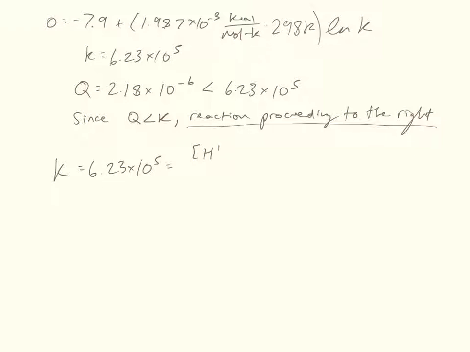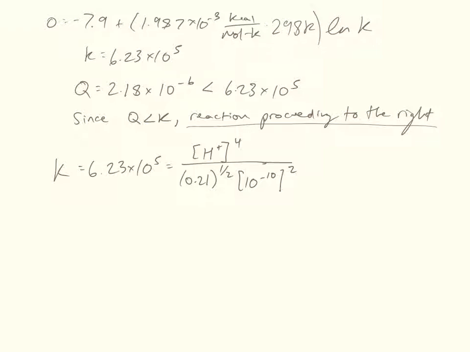K is equal to Q. Q is equal to H plus to the 4th divided by 0.21 partial pressure of oxygen to the 1/2 times 10 to the negative 10th squared. So again, we're trying to calculate what pH would result in equilibrium. pH is the negative log of the H plus concentration.